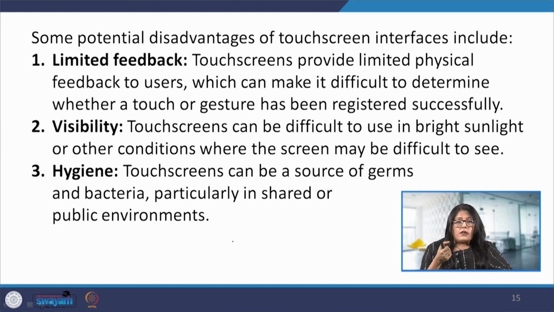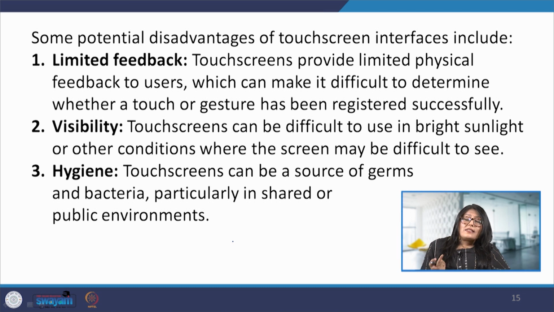When we are pressing a physical button on the phone, we know that it has been pressed, but in this particular interface it's difficult to say. Then visibility is a problem, especially when it is very sunny or we are using it outside, because in that condition we cannot really read it very well.